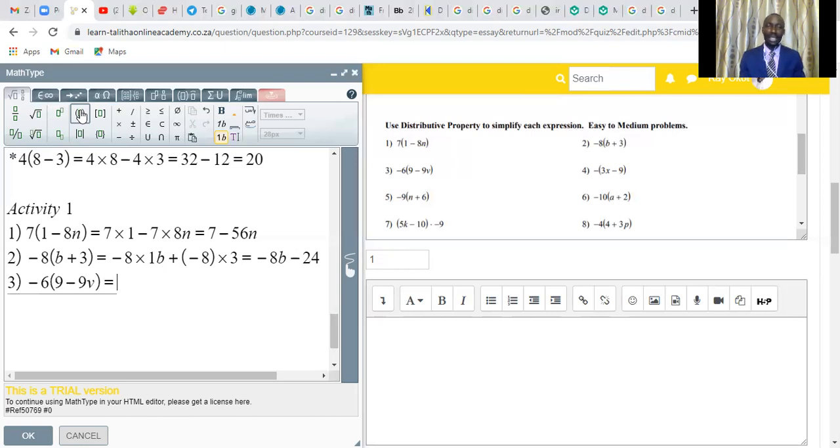Now, notice that if we have a minus sign outside, it's very important that we always use brackets. Even if we are distributing this on the first number, it's very necessary. The practice of using a bracket will make it easy for you to process all the information without conflicting on the signs.